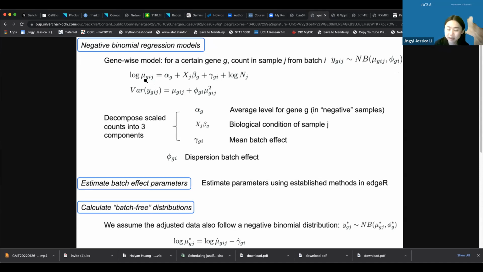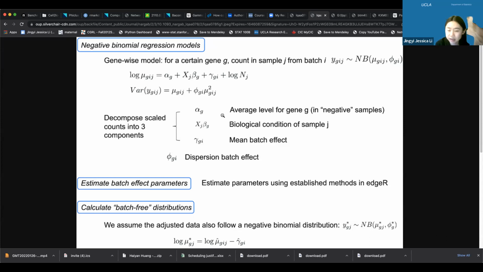I'm going to go back to that very soon. For now, you can just say that it's not assuming this mu is directly a linear function of batch effects and sample effects. Instead, they assume that the log transform of mu follows a linear function. We'll go back to this later, but just hold this for now and see this after transformation.